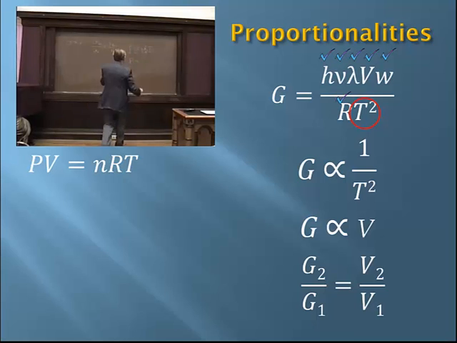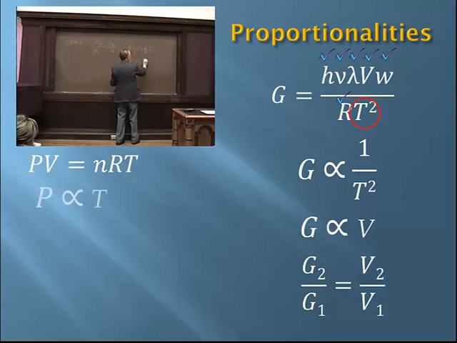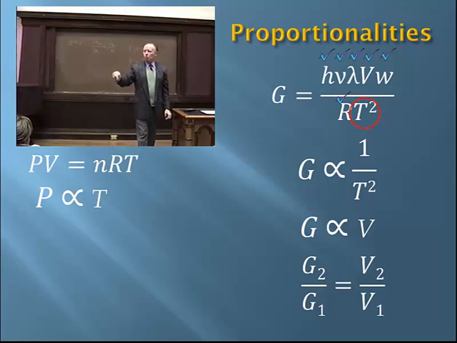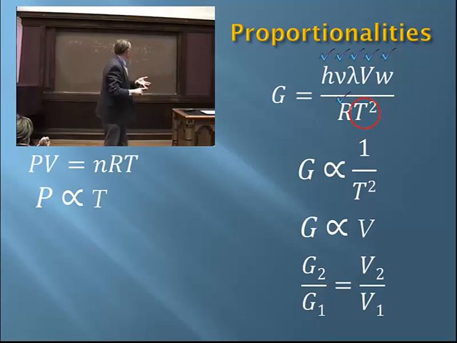Varies directly. I can interpret my equation as a proportionality by simply getting rid of all the other stuff and saying P varies as T. So as I double the temperature of a gas, what happens to its pressure? It doubles if all other things are kept constant. If I have the same number of moles and the same volume, then the pressure will double.